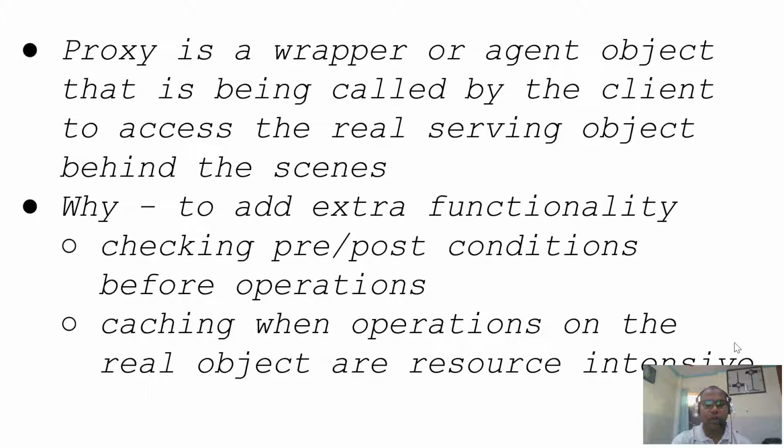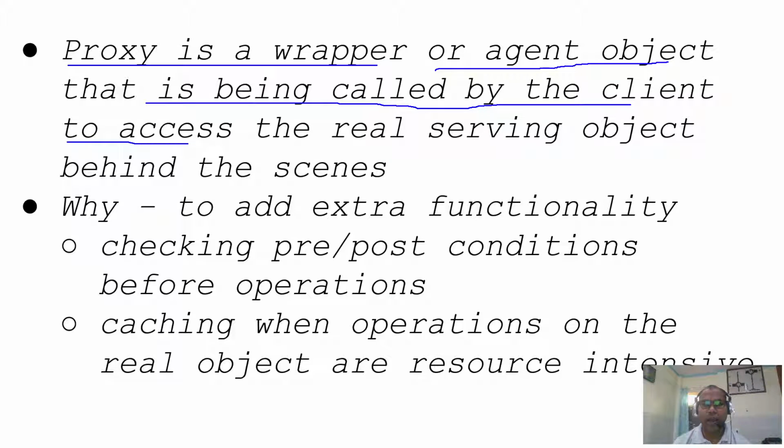If you look at the theory, a proxy is a kind of wrapper or agent object that is used by the client to access the real servicing object behind the scenes. What do you mean?